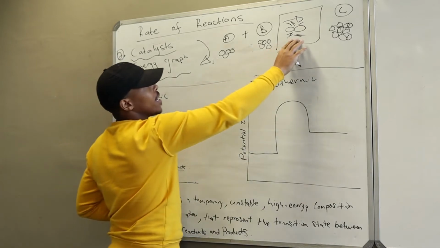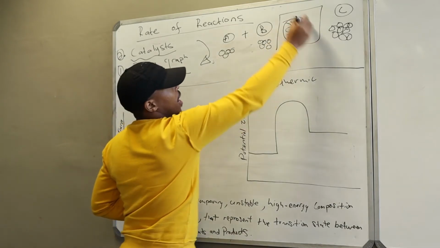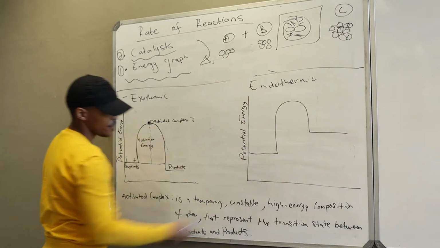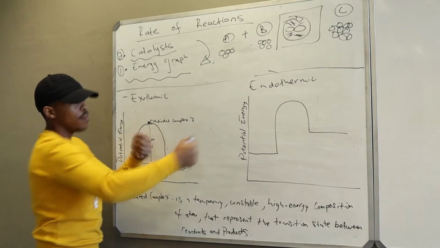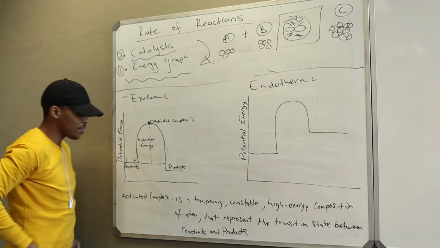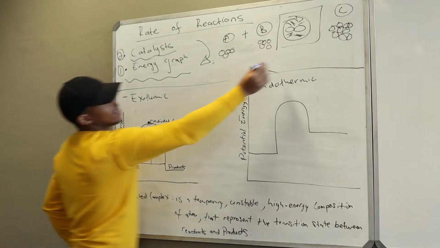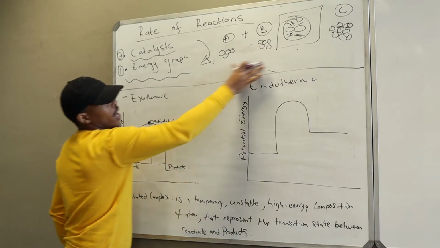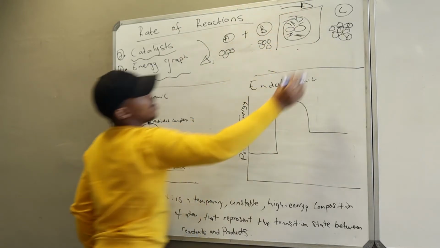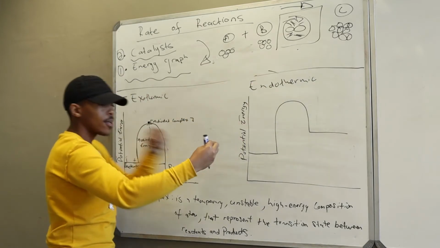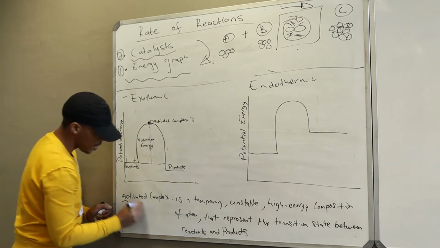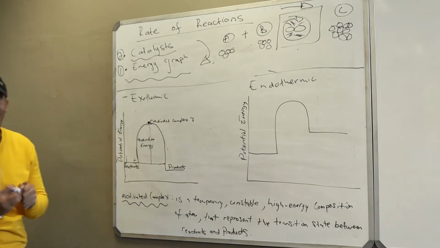So they will collide. They are at very high energy. They are colliding, very unstable and temporary. And then after the collision, the product forms. Okay? So that's what activated complex actually is. It's this state. So here you have reactants, and then suddenly you have products. That's what the reaction would say. But in between there, they need to actually collide and react. And that point of collision is exactly the activated complex.